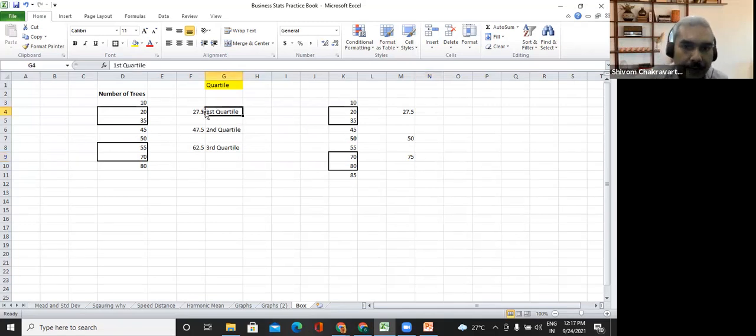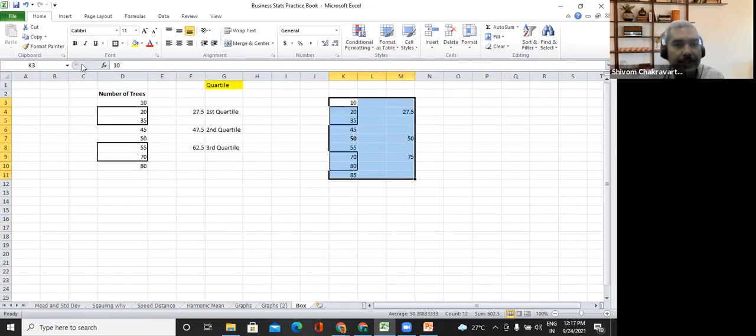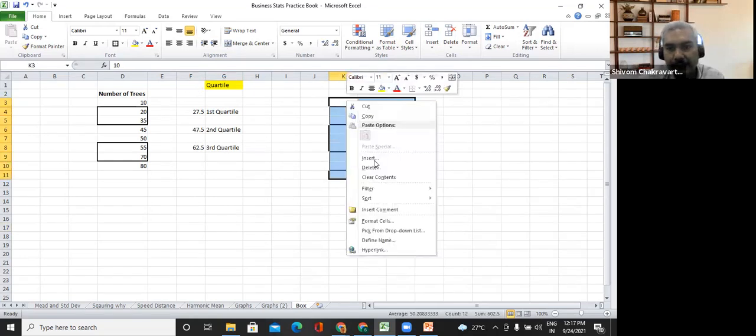So these are the quartiles which we will plot. Either you can plot vertically or you can plot horizontally. If you want to plot horizontally, I will remove this to avoid any confusion or overlap.